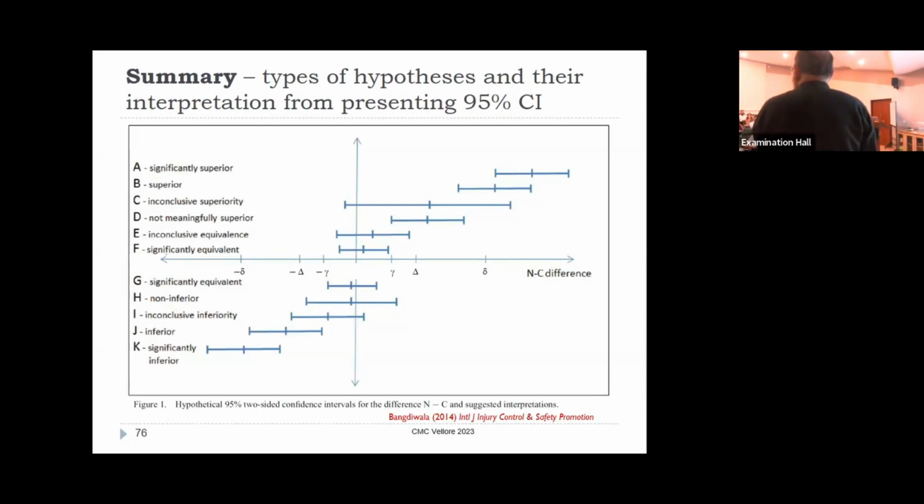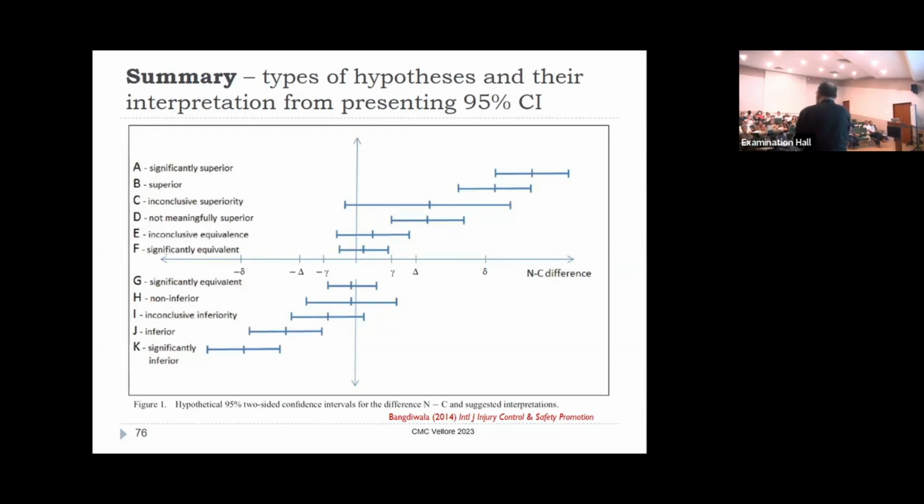The reason this can happen is if I do a very large study, because of the large sample size, I have smaller standard errors, and therefore the width of my confidence interval becomes smaller. I have a more precise confidence interval, but I still am not getting a big effect. So you can have small effects that are now statistically significant.